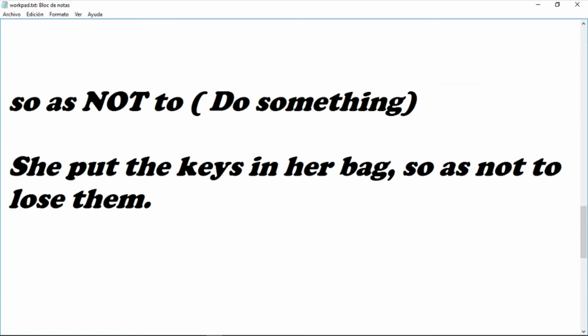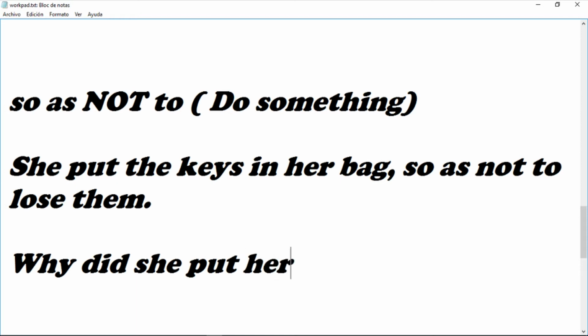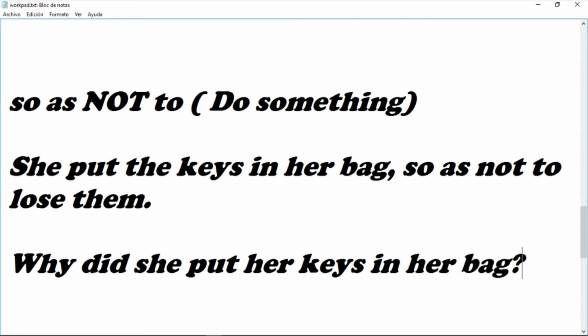So we're going to put the question word, why? Auxiliary in the past, did. Subject, she. Verb, put. Put what? Put her keys. Put her keys where? In her bag. She put her keys in her bag so as not to lose them.